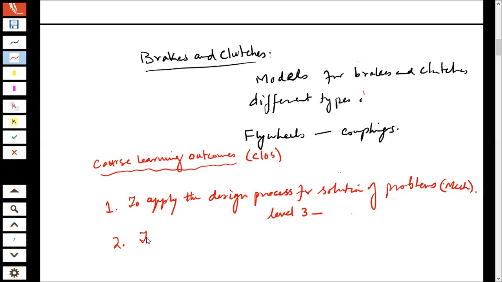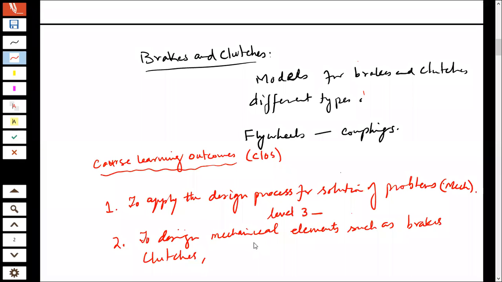The next CLO will be to design mechanical elements such as brakes, clutches, bearings.